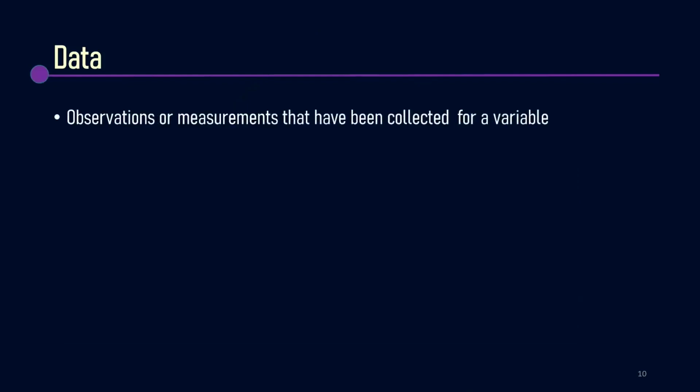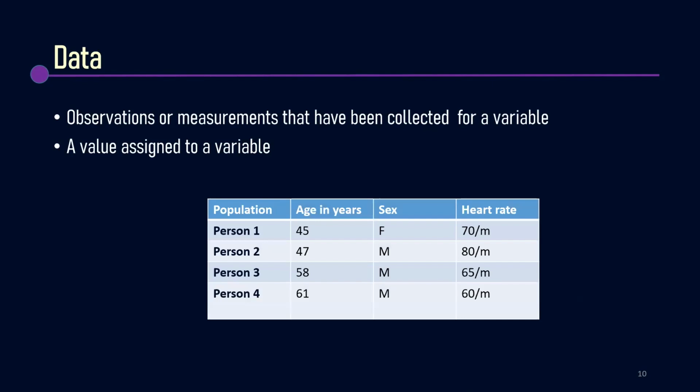How about the data? Data is defined as observations or measurements that have been collected for a variable. So the definition is quite obvious. Another way of defining it is a value assigned to a variable. Take the same example of the table in the previous slide.